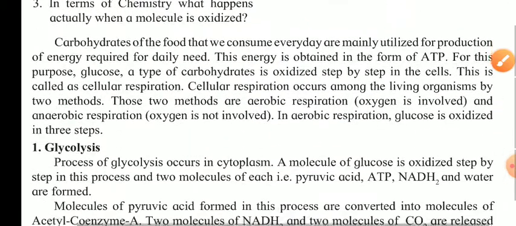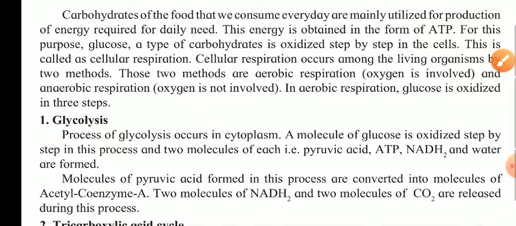Now, when we talk about carbohydrates, they are the main nutrient from which we get energy, or which is utilized for the production of energy in our body on a daily basis. Because every day, whatever work we carry out, whether walking, sleeping, sitting, writing, reading, playing, all the activities throughout the day require energy.